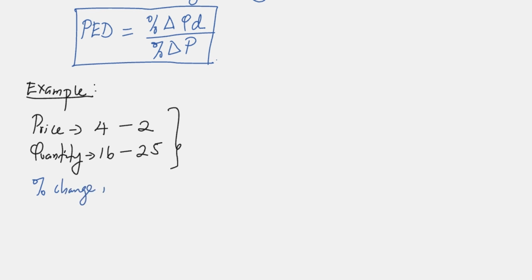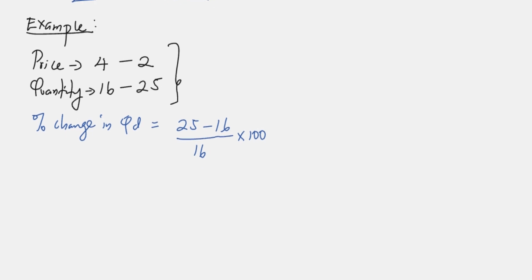So we start by looking at the percentage change in quantity demanded, and here we look at 25 minus 16 over 16 multiplied by 100.